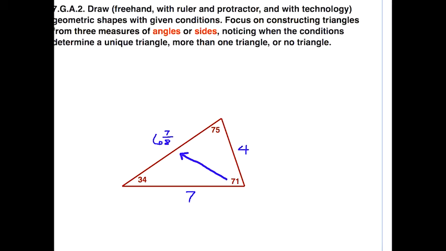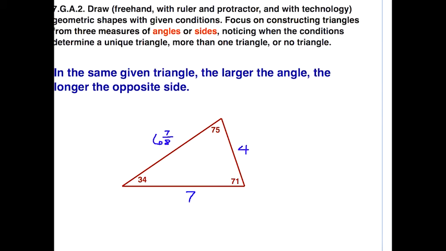If we look at our 71-degree angle, that was the in-between angle measure, and notice that the 6 and 7/8 side length lies in between the 4 and the 7. If students do this over and over, they should reach the conclusion that in the same given triangle, the larger the angle, the longer the opposite side is going to be.